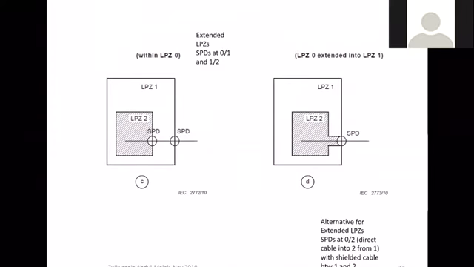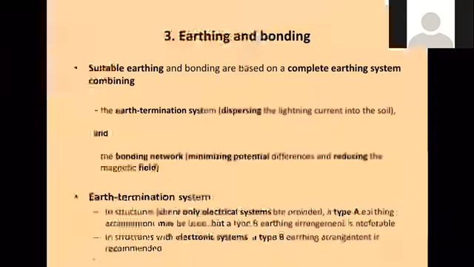This is similar to before, whereby you can put 2 SPDs for zone 1 and zone 2. So that's for the first zone, second zone. Or if you want straight away at the entrance to go straight to zone 2, then you need to use a special SPD there, because it goes from 0 to 2.